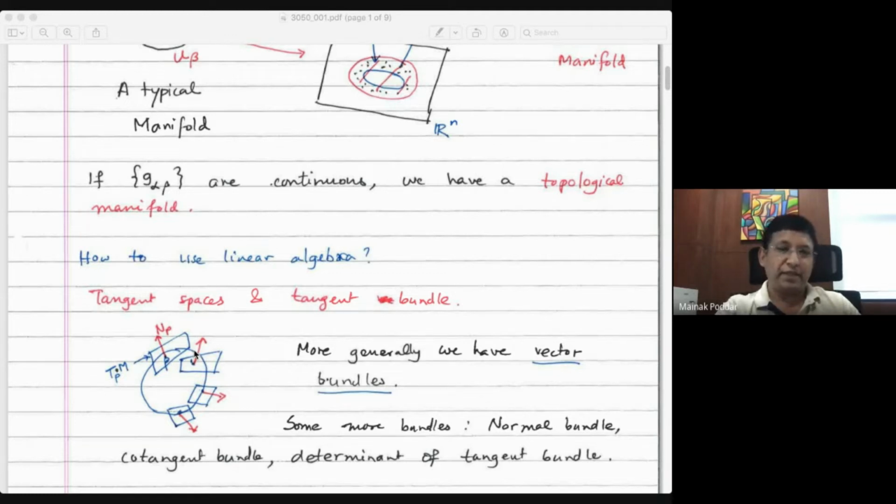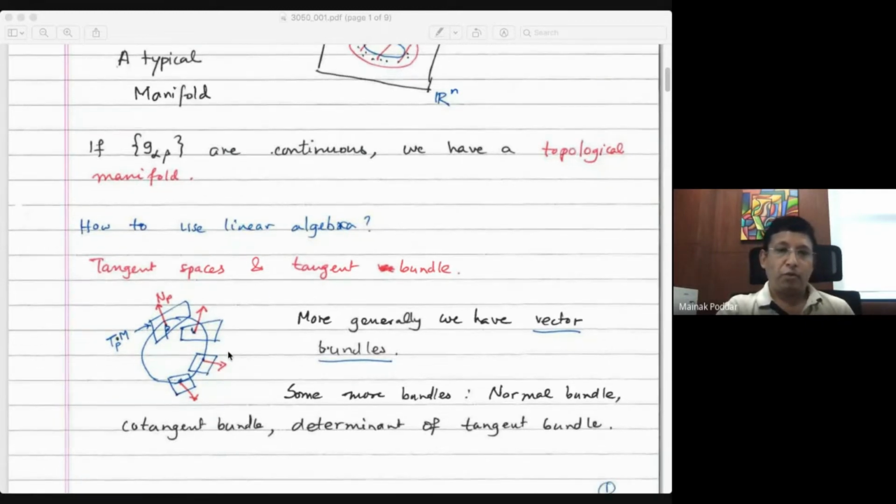So the tangent bundle is basically the family of tangent spaces. Similarly, if you have your manifold inside some Euclidean space, you'll also have a normal space, something orthogonal to the tangent space. And if you collect all those, it gives you another family of vector spaces. So this is called a normal bundle.